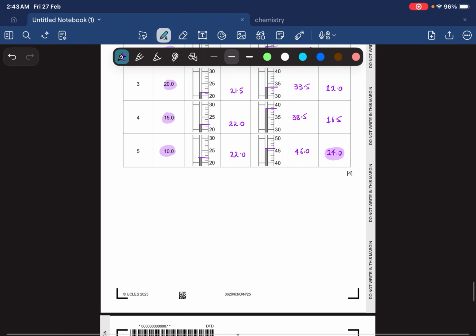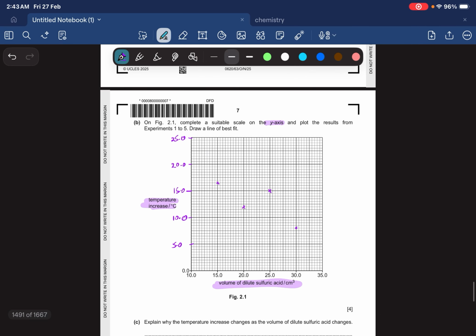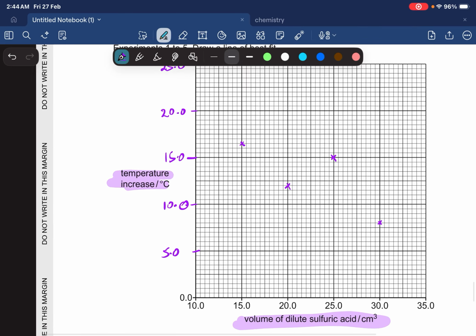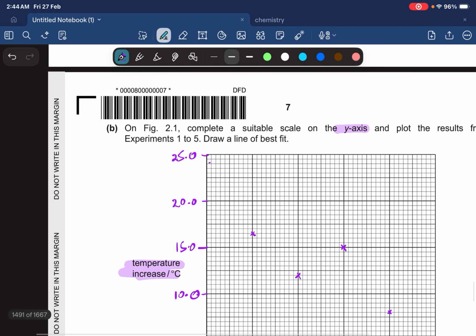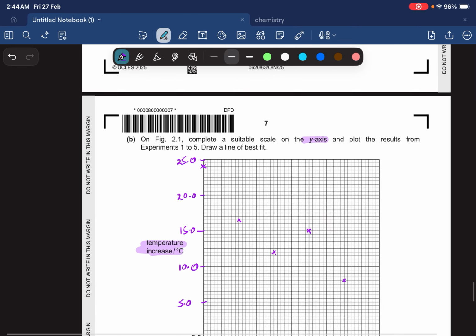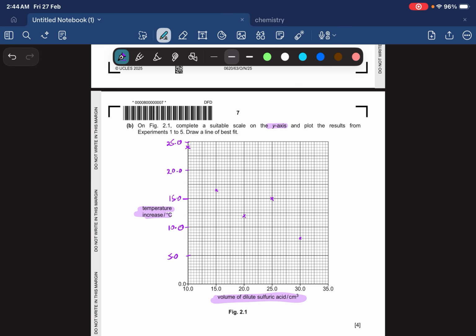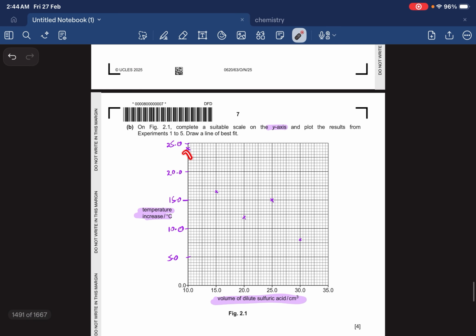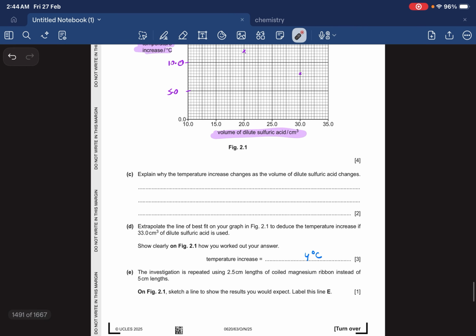Then 24 and 10. 10 and then 20 and then 24. Okay, this seems like a kind of weird graph, something like a zigzag, which should not be like this, but it is. It's not my fault that that's what they've given.